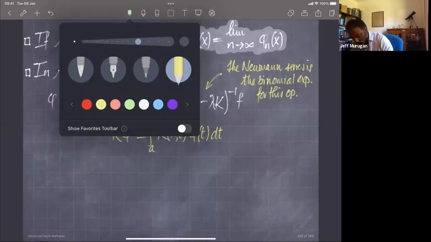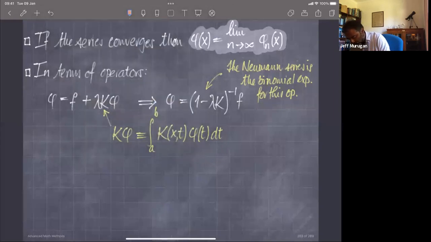Okay, so the integral series converges if the inverse exists.